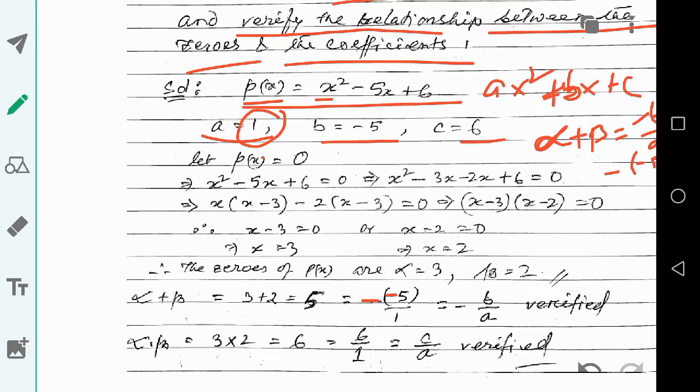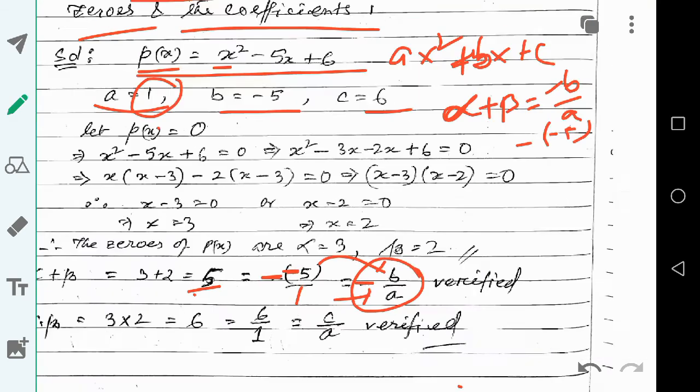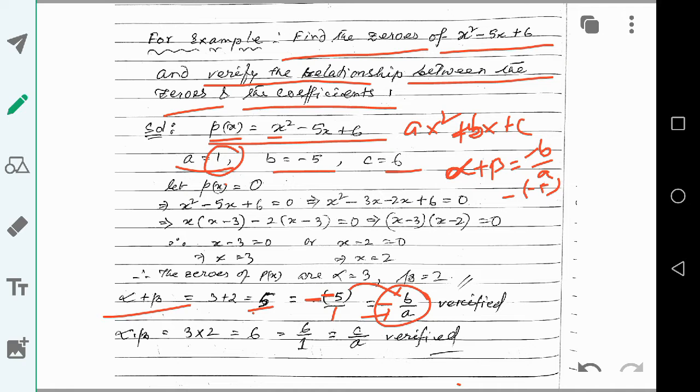So this 5 can be written as 5 by 1, and plus 5 can be written as minus minus 5 by 1. Here 1 is replaced by a and −5 is replaced by b, and this is the minus sign. That's why we get minus b by a, which is equal to alpha plus beta. Hence one relation is verified.